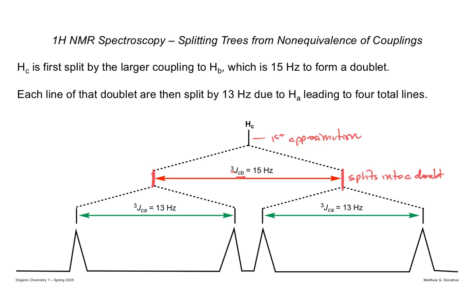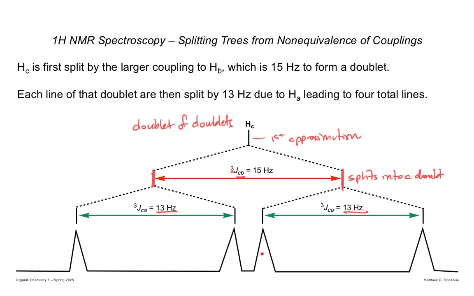So each of those lines then gets separated by 13 hertz. So 13 and 13. And so this is now reported as a doublet of doublets. So there's one doublet, there's the second doublet.